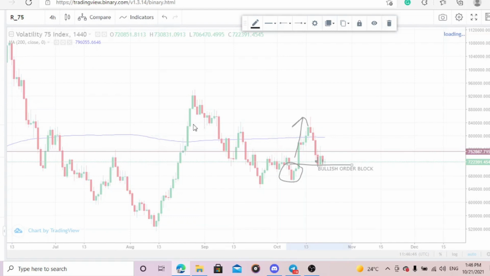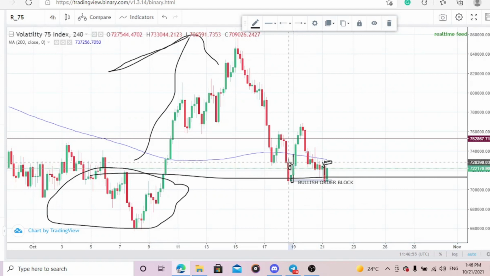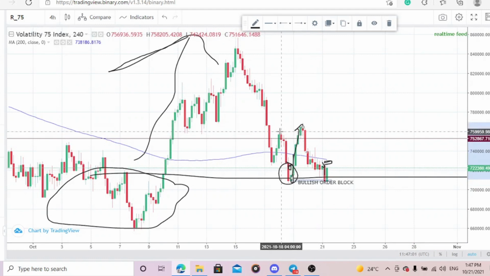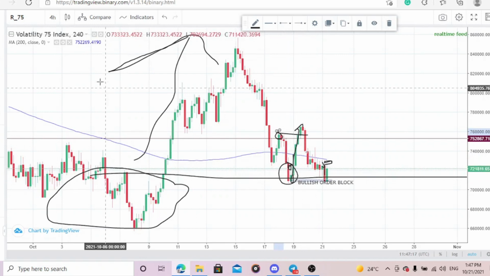On the 4 hours, there is also a bullish order block right here, because the market went up, slightly breaking this high over here. So fine, the market is currently on this 4 hour bullish order block.